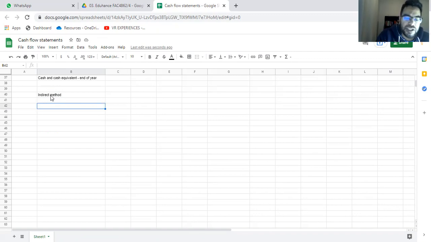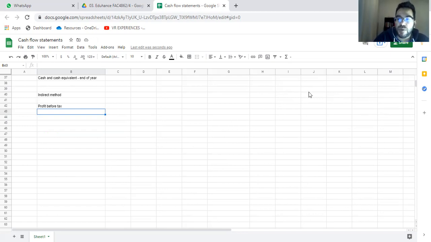They typically tell you which number to start off with, and they typically tell you to start off with profit before tax. Now profit before tax is an accrual number. We want to get that profit before tax to a cash number, but not any cash number. It must be an operating cash number.